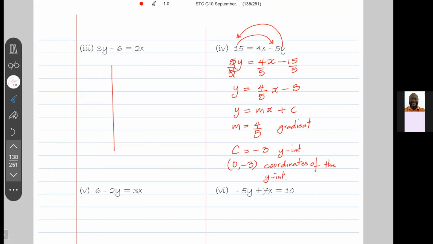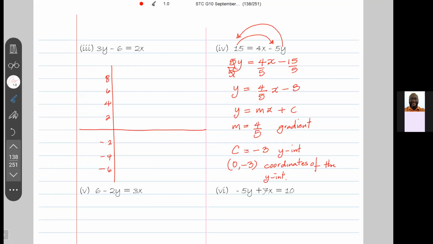It's just a sketch. Y-axis, x-axis, -2, -4, -6, 2, 4, 6, 8.